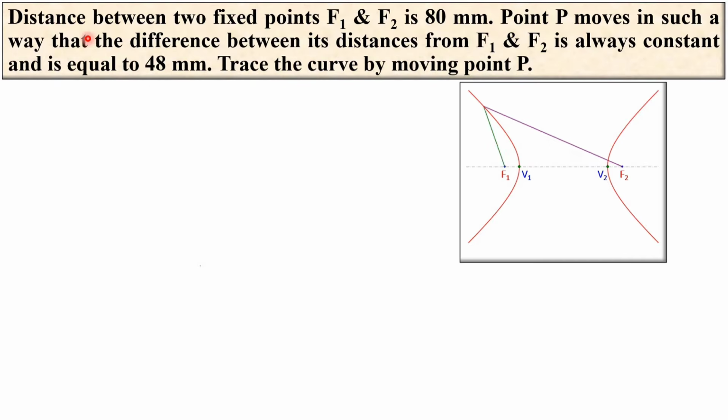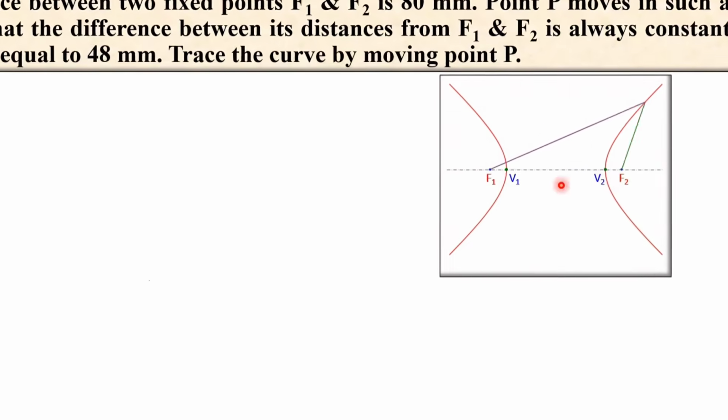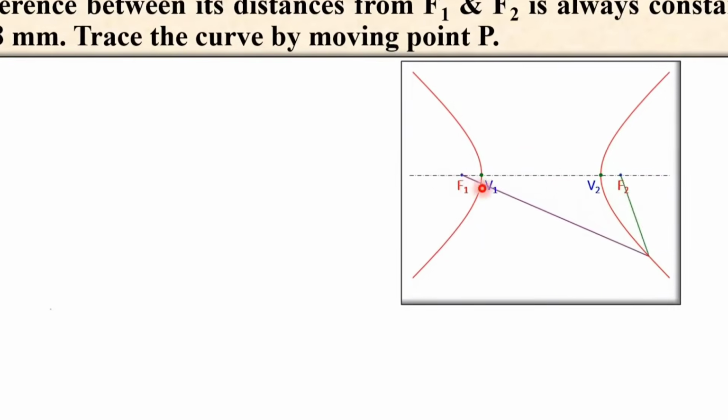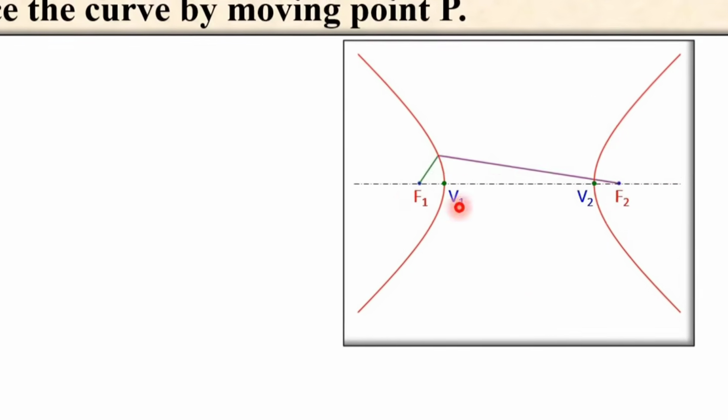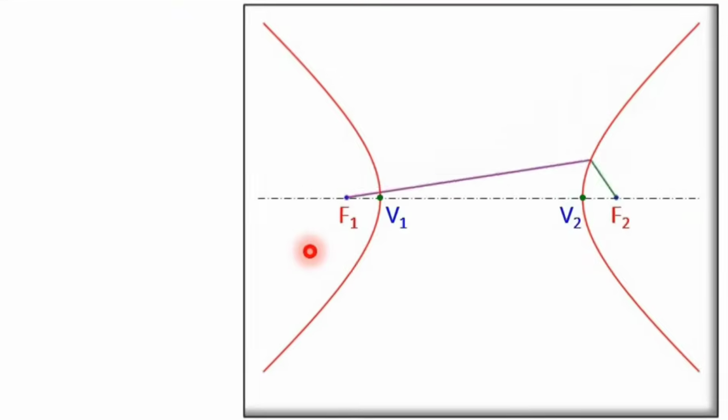So look at this description. The distance between two fixed points F1 and F2 is given to you as 80 mm. So first I am going to draw this F1 and F2 having distance 80 mm.